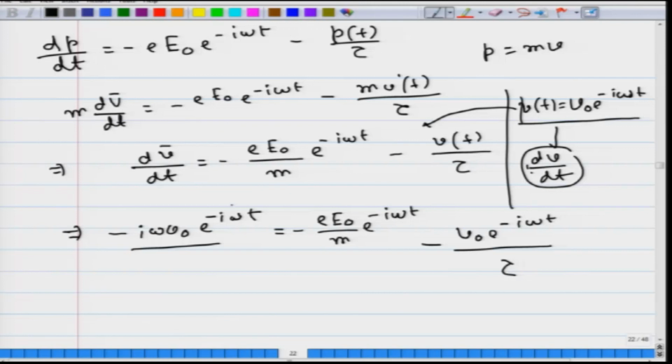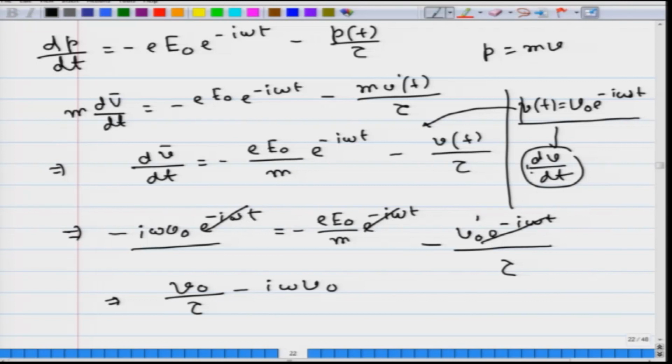We got all the e to the power minus i omega t parts, so we have v naught by tau minus i omega v naught.